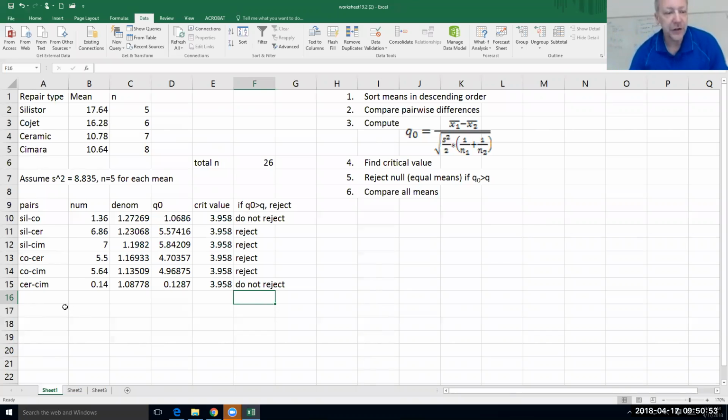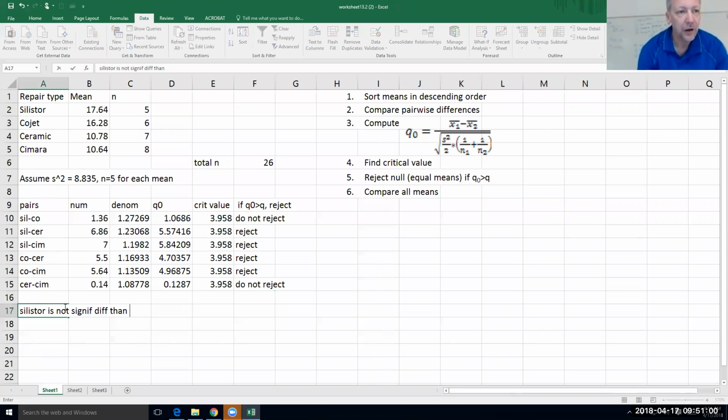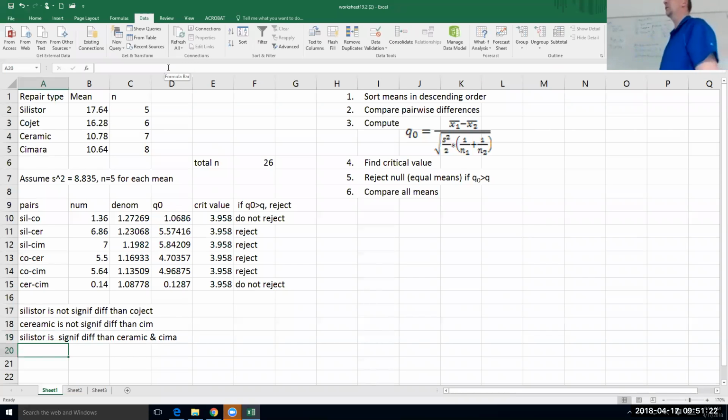So you would say that Sillistor is not significantly different than cojet, and ceramic is not significantly different than Samara, but Sillistor is significantly different than both ceramic and Samara, et cetera, et cetera. I won't do them all.